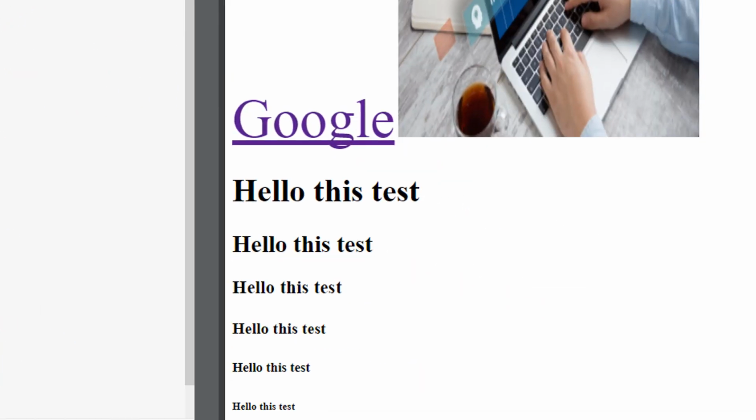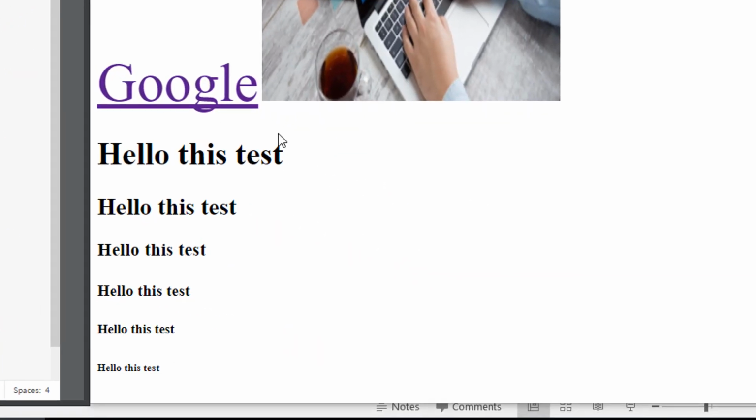Now save. See, this is the difference. This is h1, h2, h3, h4, h5 and h6. h1 is the highest important, and h6 is the least important, so its size is decreasing respectively.